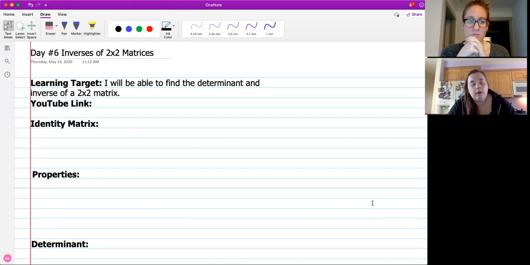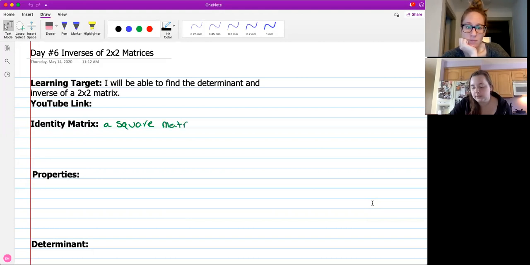So the first thing we need to talk about is the identity matrix, and this is a square matrix. And remember, square means that it has the same number of rows and columns.